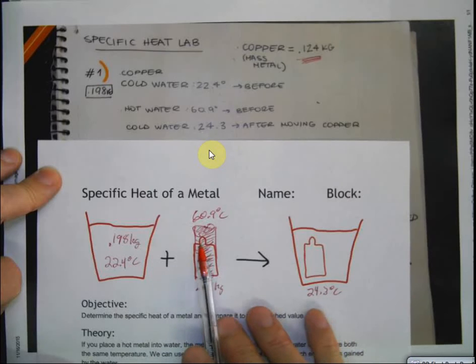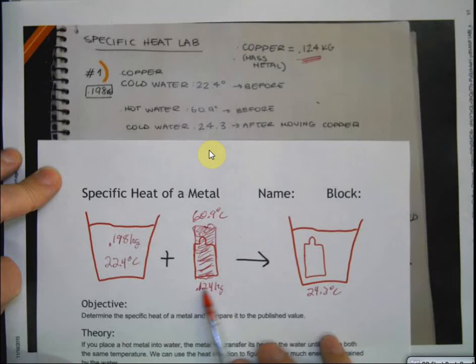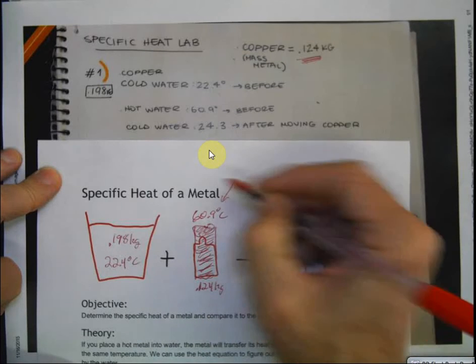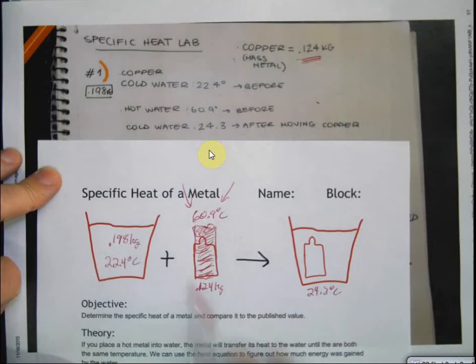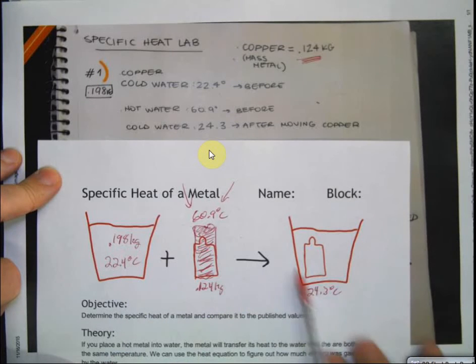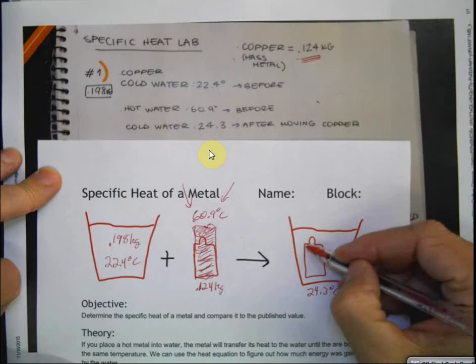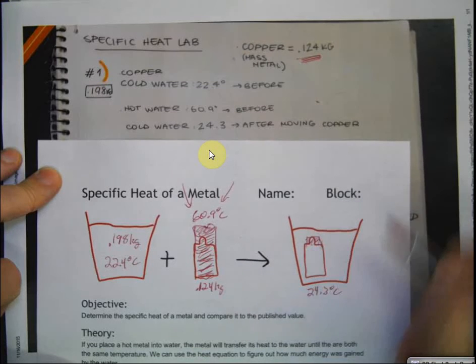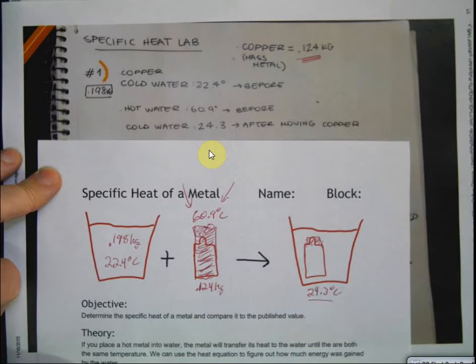All we need is the temperature from it so that we know the temperature right here of the hot metal that we're going to place into the cold water. It sits there for a while. The water warms up. Now that we have the metal inside the water, we have this new temperature of 24.3 degrees. And that's the basics of the lab.